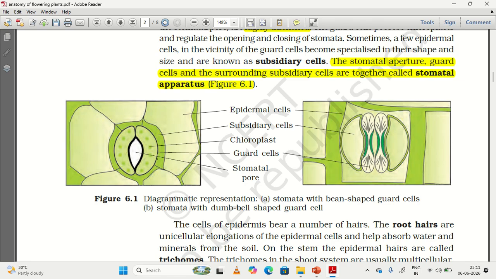If we look at the structure of the stomata, this is bean shaped, which can be seen in dicots. The inner walls are thick, the outer walls are thin.